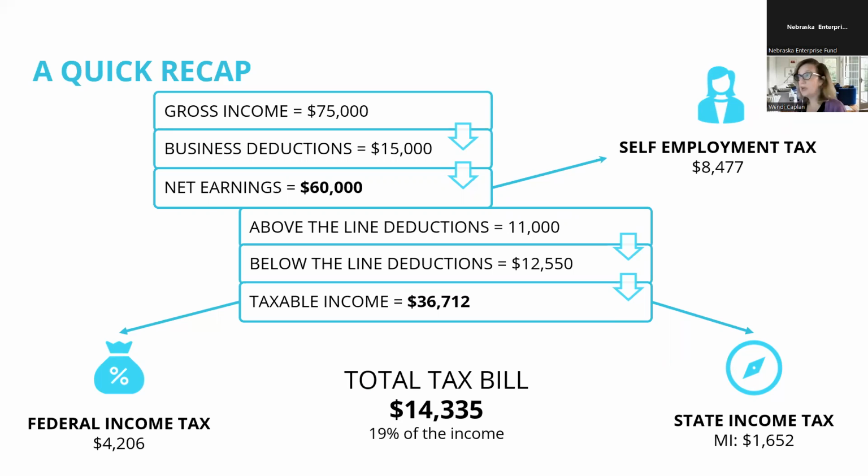We had our above the line deductions and below the line deductions that we took from our net earnings. Our taxable income was $36,712. We owe the federal income tax of $4,200 and our state income tax, if we lived in Michigan, of $1,600. So we had a total tax bill of $14,335, which was 19% of the gross income.